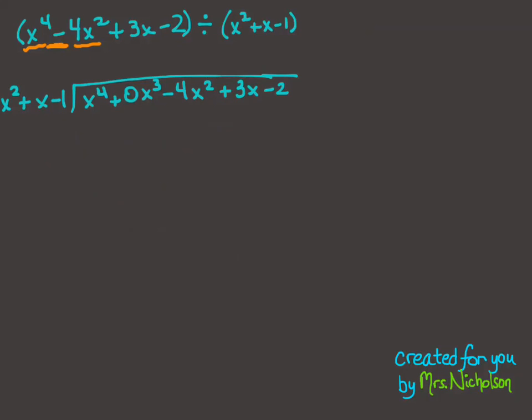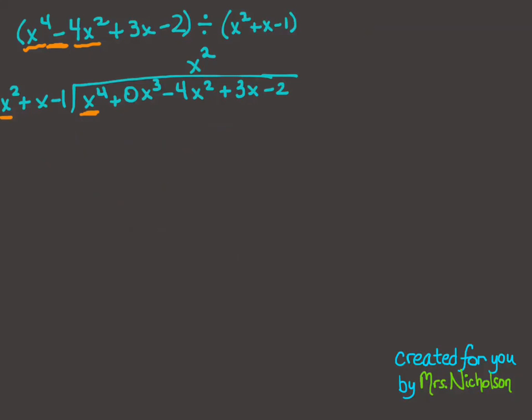Now again, to start this off, you're just looking at the first terms of each polynomial. And I want to ask myself, what do I multiply times x squared to get x to the fourth? And of course, x squared times x squared is x to the fourth. So I'm going to put x squared lined up with the x squared in my polynomial.